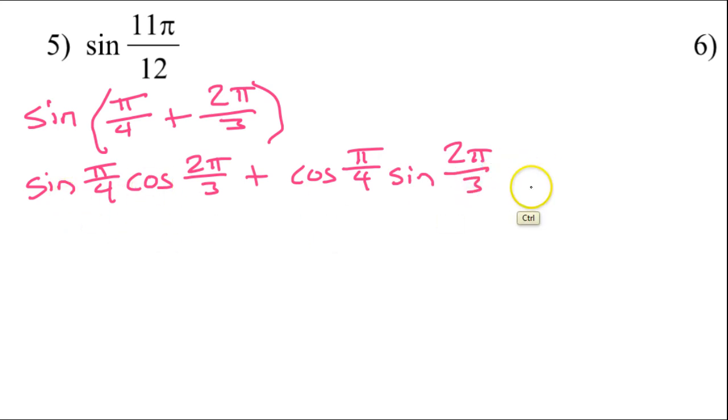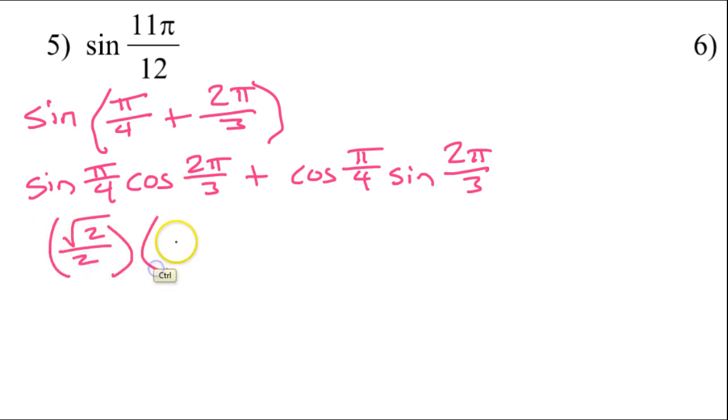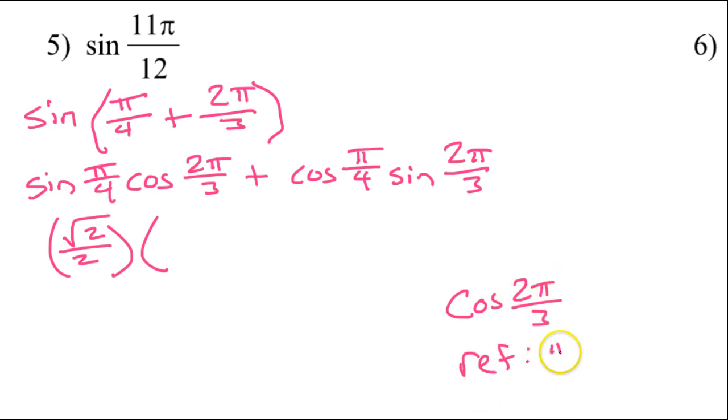All right, these are all values that we have memorized. The sine of pi over 4 is radical 2 over 2. The cosine of 2 pi over 3. Well, let me think about this off to the side for a second. When I talk about the cosine of 2 pi over 3, the reference angle, of course, is pi over 3.